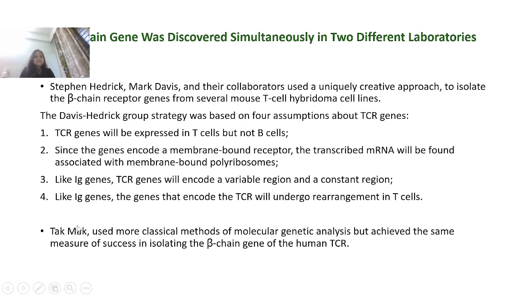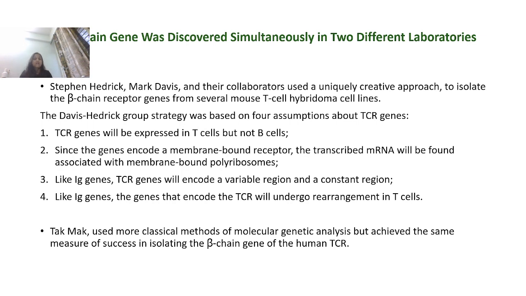Another group was Tak Mak's. Their group also used some other classical methods of molecular genetic analysis, and they were also successful in isolating the beta chain gene of the human TCR. Many scientists in the world are working, so it happens often that two or three groups work on the same problem.